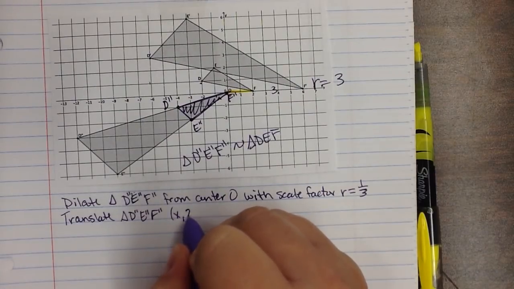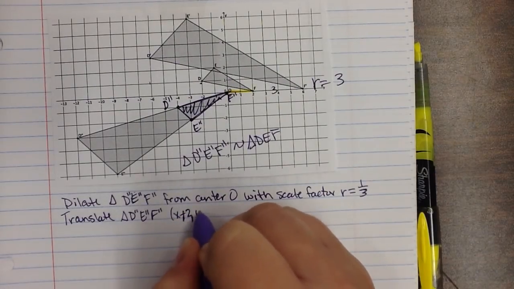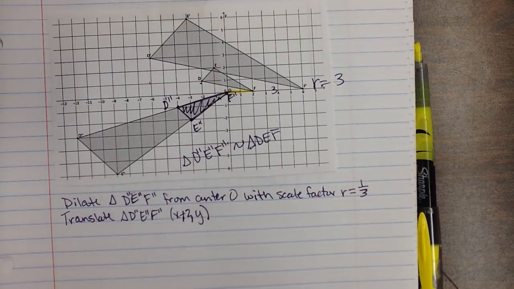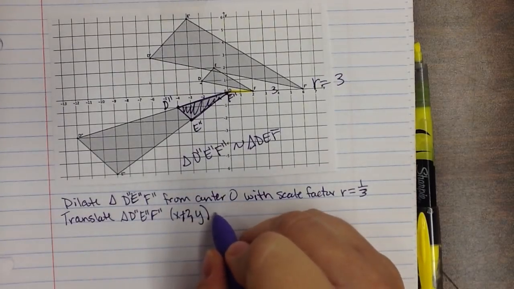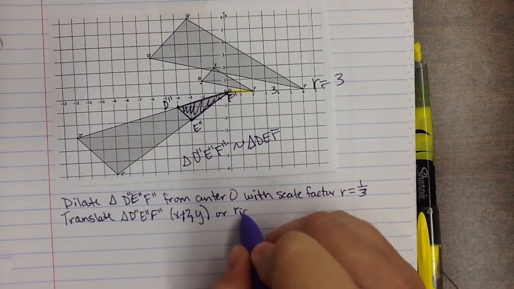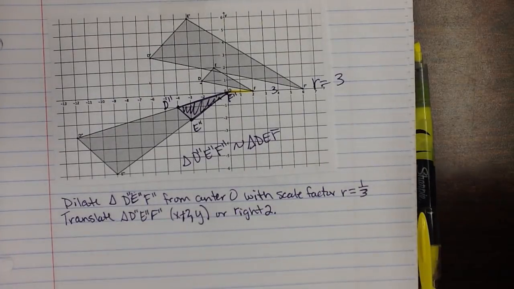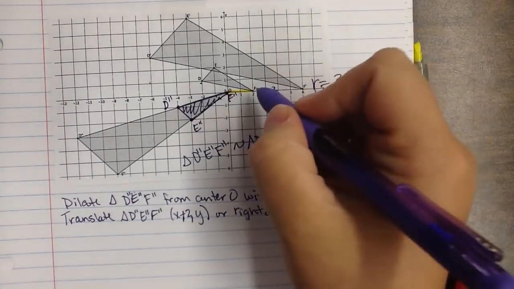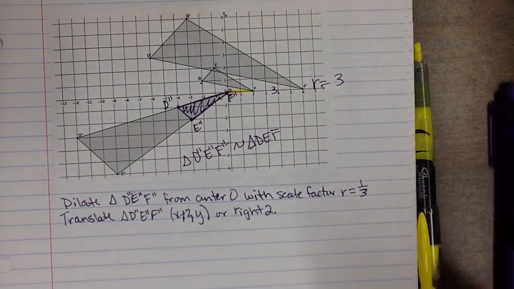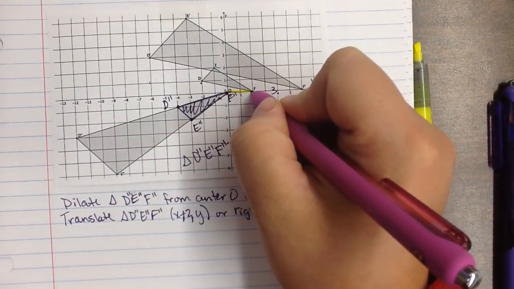So x plus 2, and we don't change the y, or right 2. Then let me draw it in with another color.